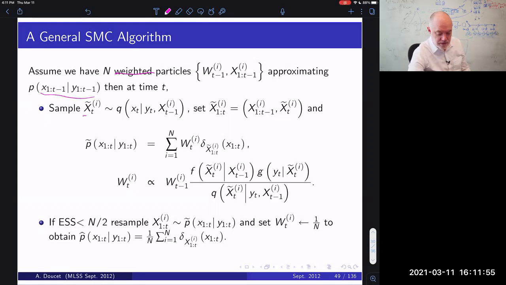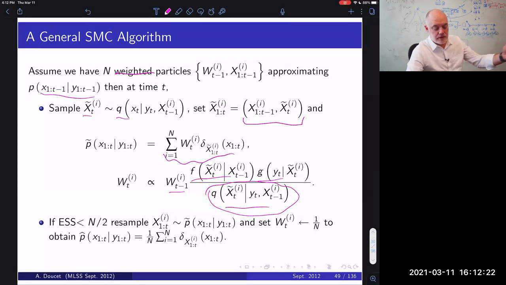At time t, we sample x from Q. We do the same data structure thing we did before, right? This constructs an empirical measure, and the weights that we maintain are not the same weights that we did before, but instead our weights are F times G over Q. So long as you can evaluate this Q, then you can string along a set of weights, and that's fine.